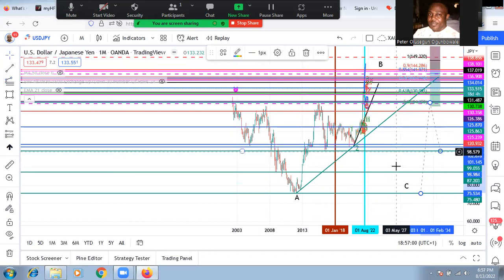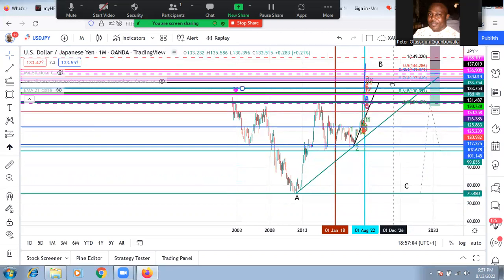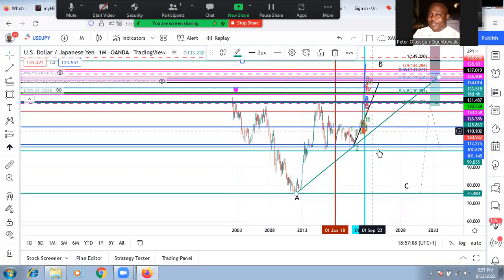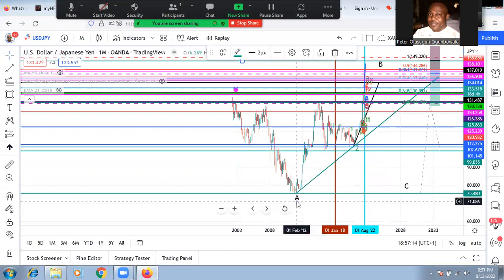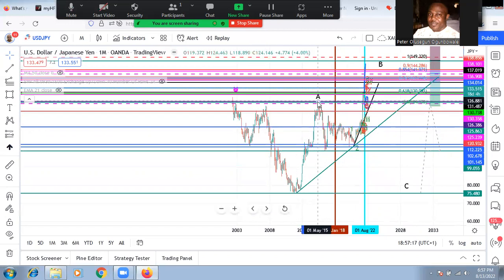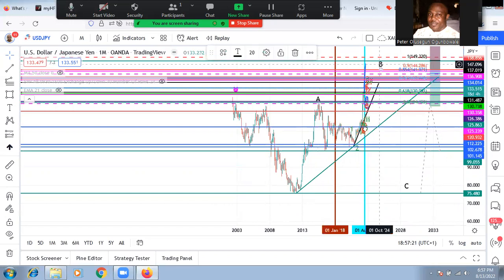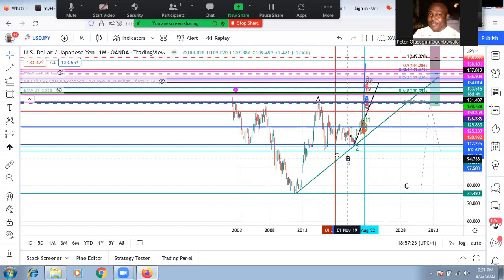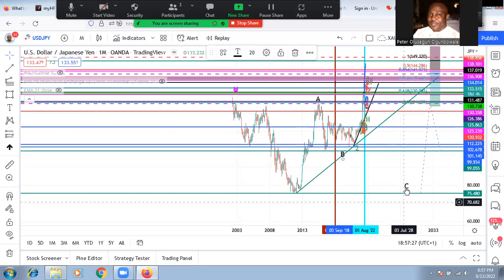And so where we want to come to is at this level here, which is at 100. So to make a WXY, we can say an ABC. In this regard now, this will be an A, B, which is the bridge here, and a C which is equal 100.